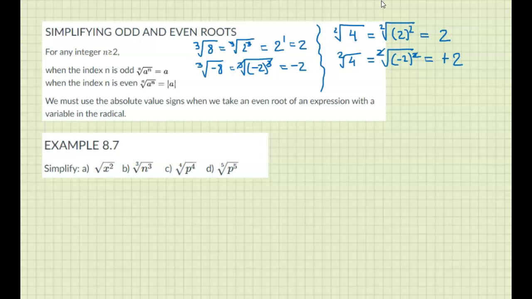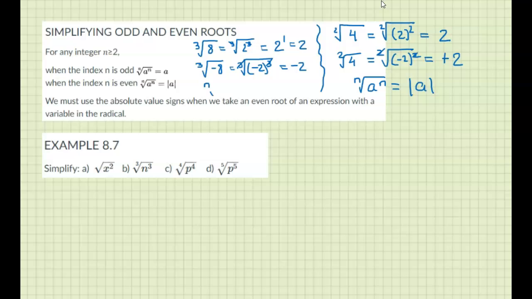So for even radicals, if you're taking the nth root of a to the n, you have to put the absolute value of a, because a could be positive or negative, but you're always getting a positive answer out, and that's what the absolute value does.